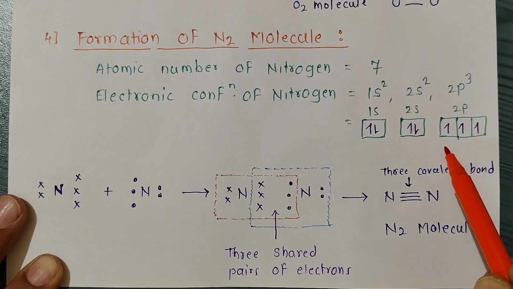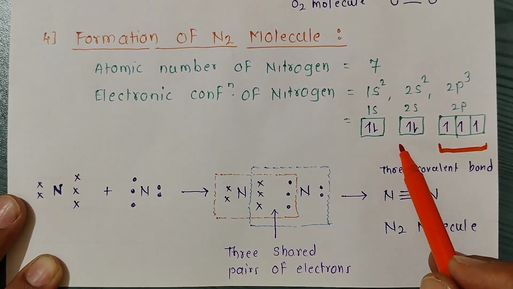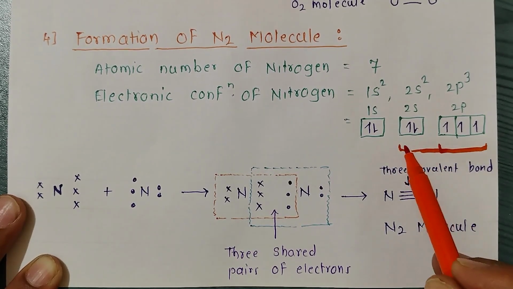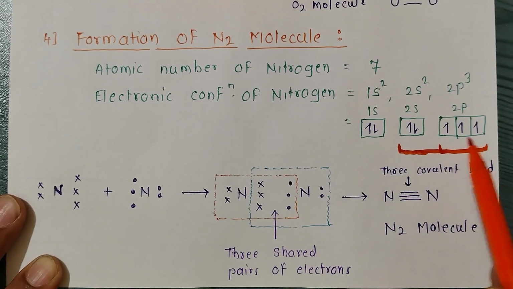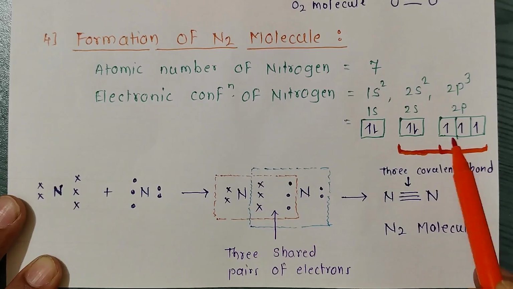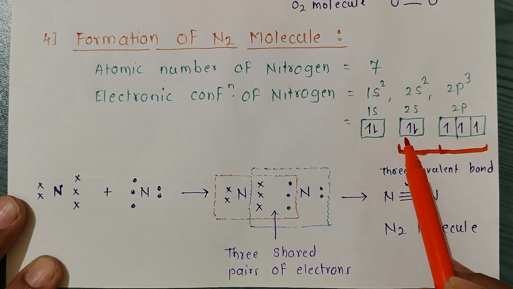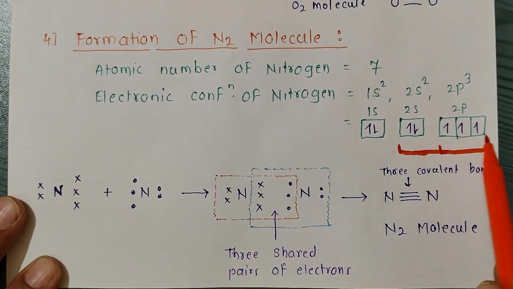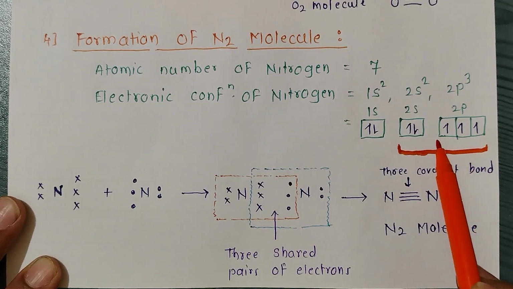Means in nitrogen 3 unpaired electrons are present. See here, this is the outermost shell, and in the 2p orbital 3 unpaired electrons are present in the nitrogen. So the total valence electrons present in nitrogen are 2 plus 3, means 5 electrons in total.